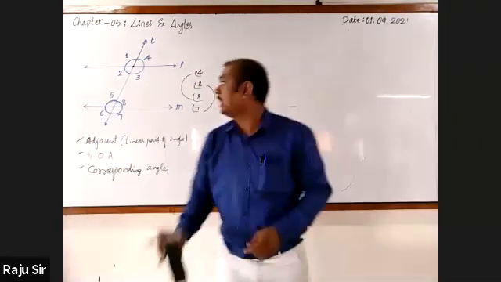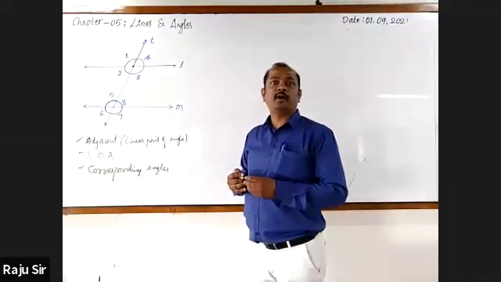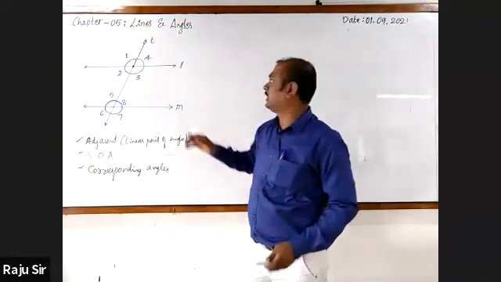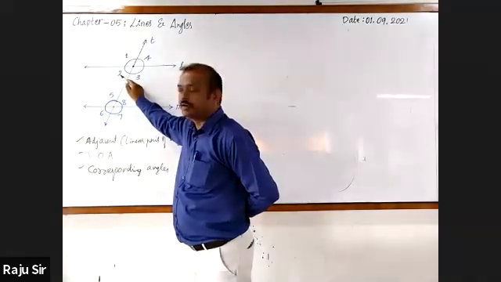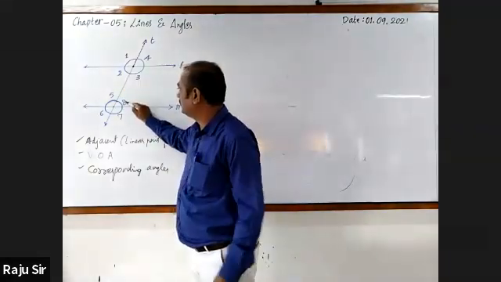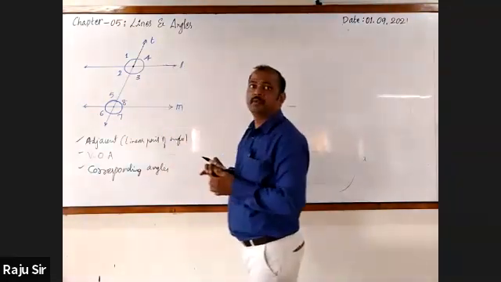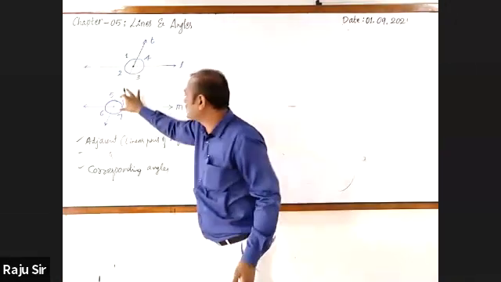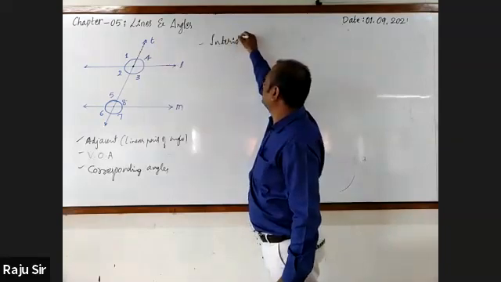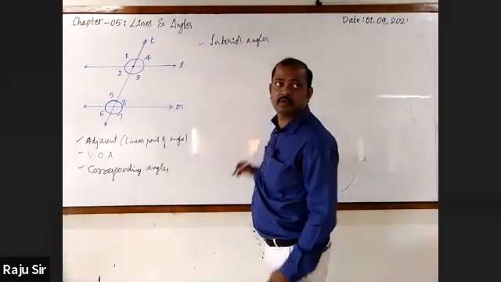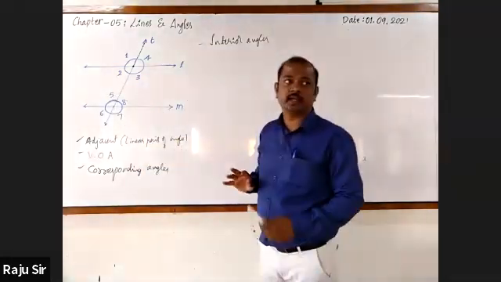Next, I am going to take the angles that are formed within the parallel lines. Observe angles 2, 3, 8, and 5. These are the angles formed inside the parallel lines, and they are called interior angles.